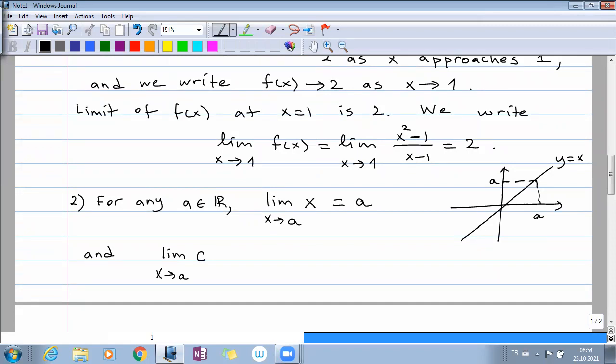Let's say your function is constant at some constant c, and the limit in this case is, of course, again this constant. So as x approaches a, all the values of f are constant anyhow. So the limit of the constant c is again c.